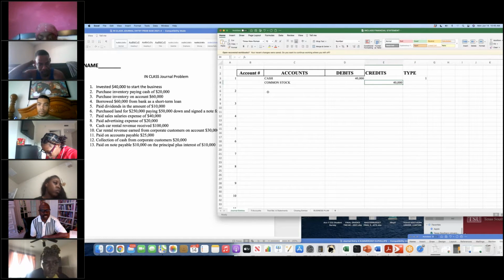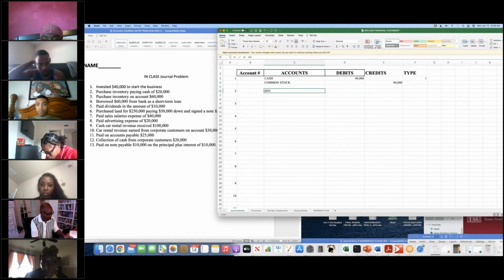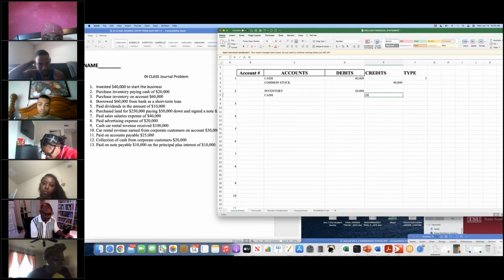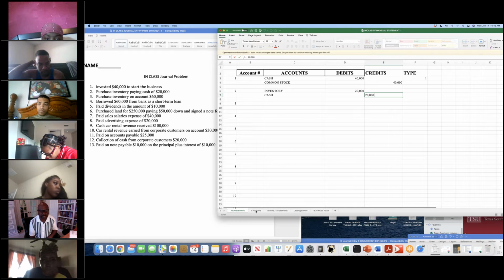Purchase inventory and cash. So I put inventory on top, 120, inventory debit 20,000, transaction 7, my bad. I put cash for the credit of 20,000, account number 100. And that was 20,000. You should be putting those in as we just try to get through. Just put them in, then let's go ahead and post this.